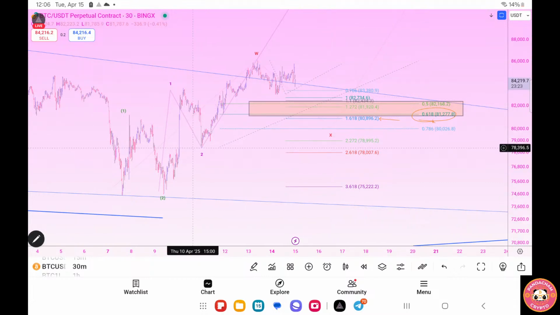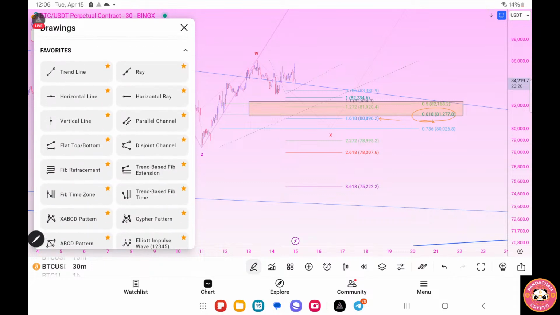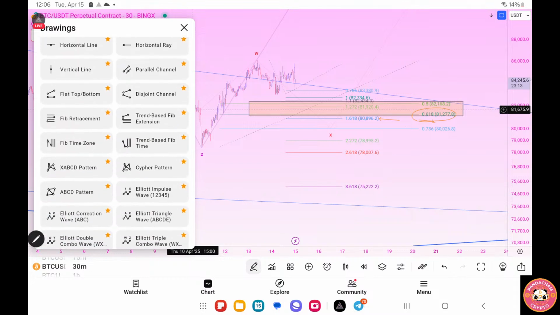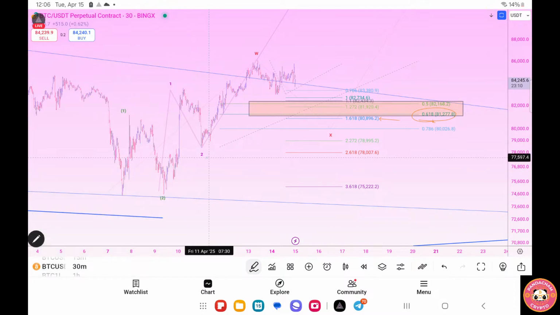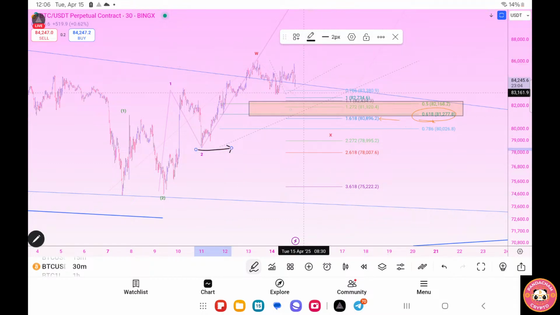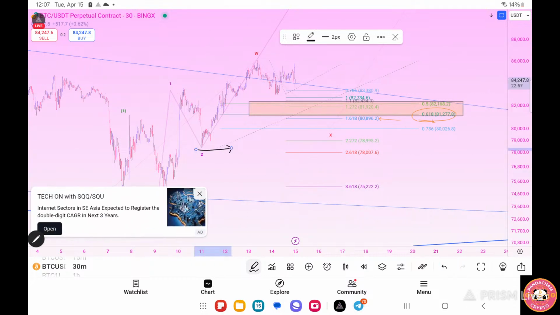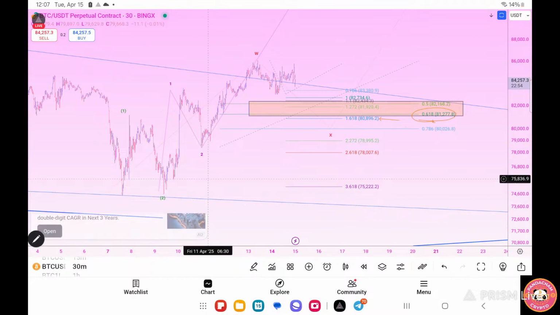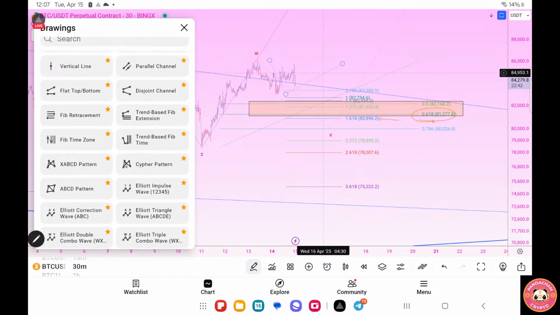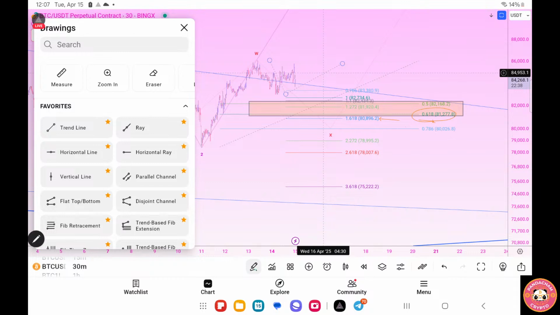So technically, if the market is able to hold this region here, let me change, able to hold this pricing here, hold on guys, let me get my tools out.